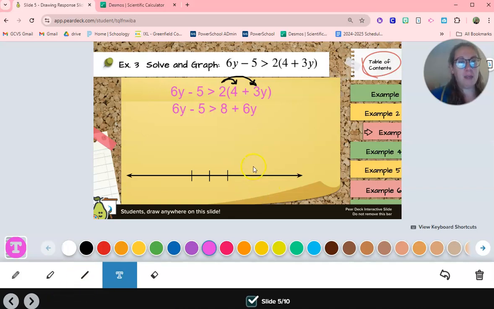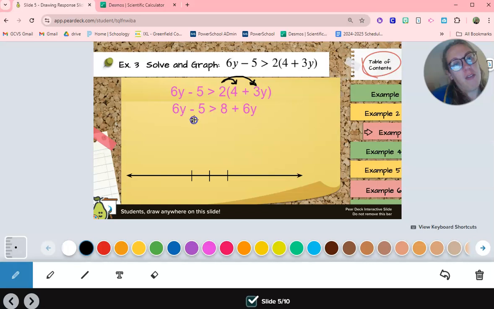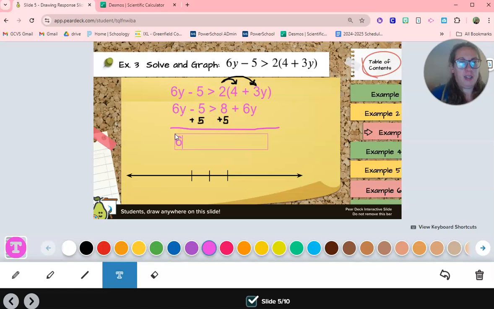Alright, so the next thing we're going to do is I'm going to add 5 to both sides, getting rid of that minus 5. So then we have 6y is greater than 13 plus 6y.